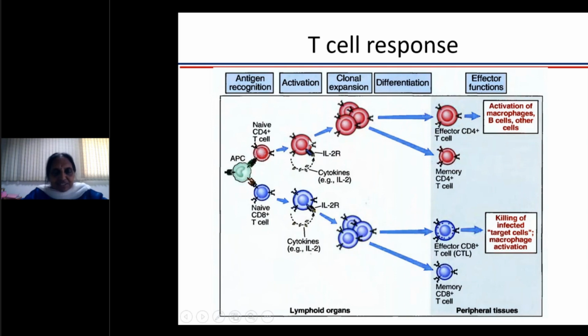Clonal expansion means the cells which are recognizing that antigen increase in numbers. And once they increase in numbers, some of them become effector cells. That is, they will cause activation of macrophages, B cells, other cells to cause an immune response, which will somehow get rid of that infection. And some will stay as memory cells in our body so that we know that this encounter has happened.